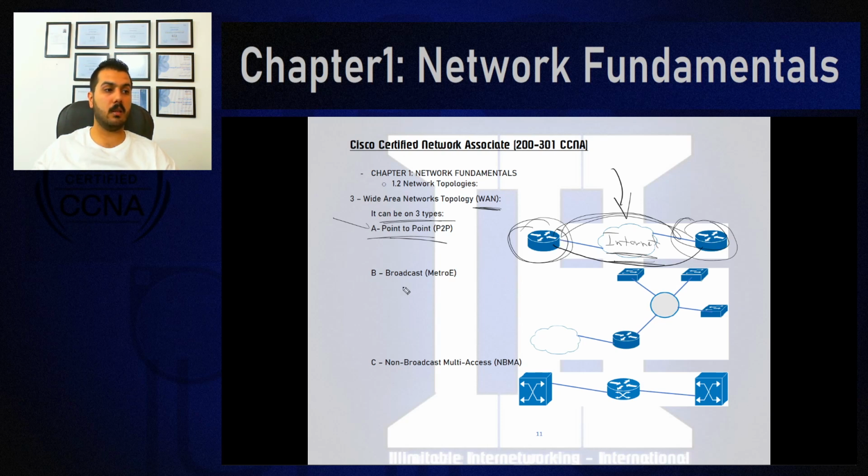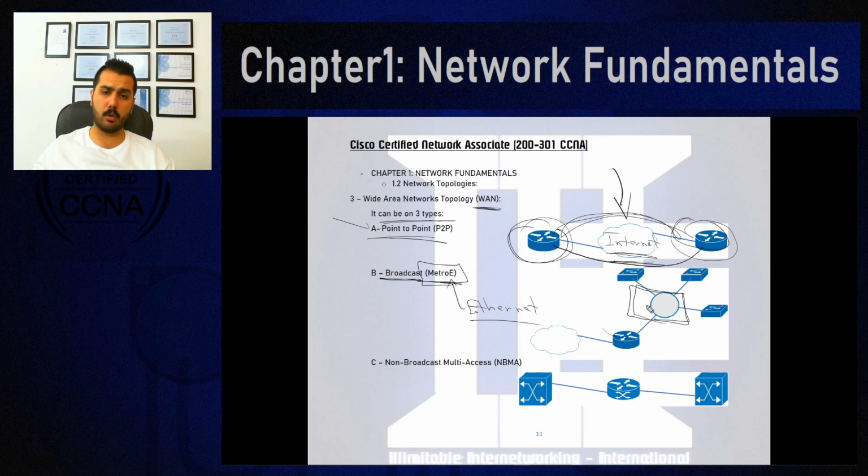Okay. The second type is called broadcast domain networks, also called Metro E, where E stands for Ethernet. Metro Ethernet, the shortcut for it is Metro E. This one happens this way. All these companies are connected directly together using a broadcast domain between them.